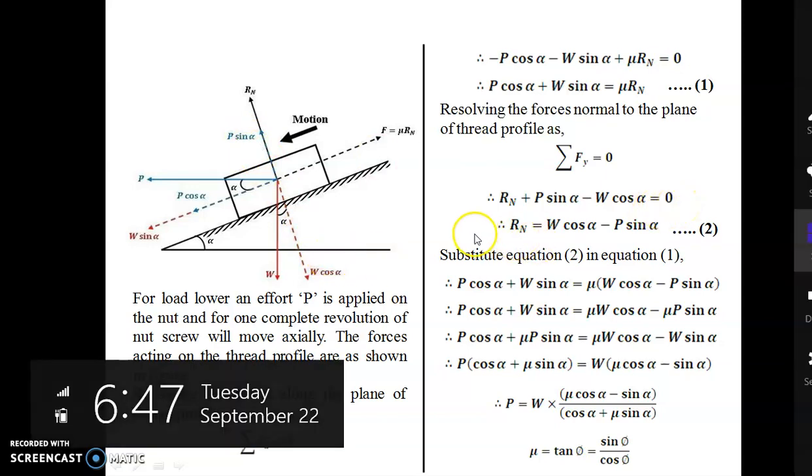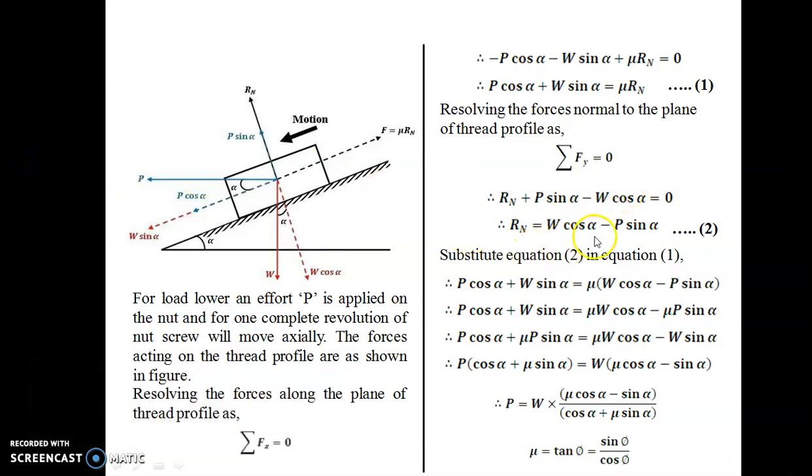Rn is equal to W cos alpha minus P sin alpha. This is equation 2. Now put the value of Rn from equation 2 in equation 1. We will get P cos alpha plus W sin alpha is equal to mu into W cos alpha minus P sin alpha.